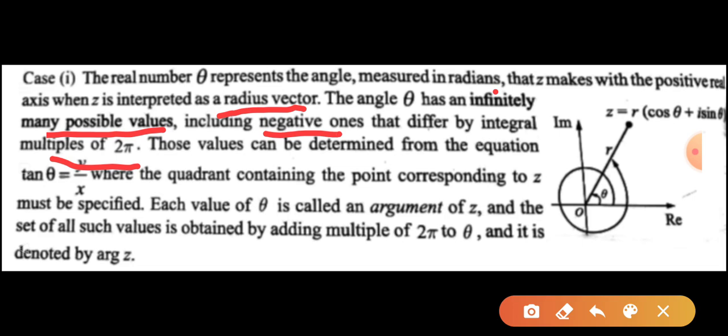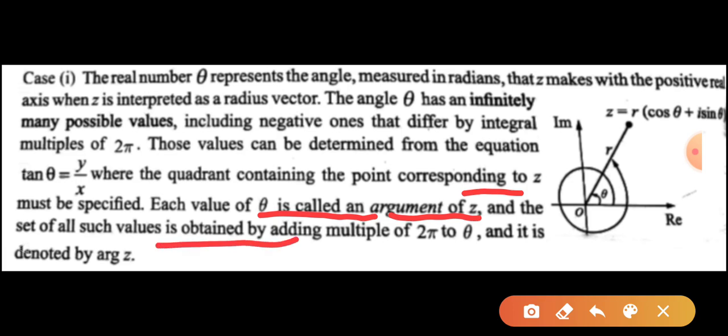Those values can be determined from the equation tan theta equal to y by x, where the quadrant containing the point corresponding to z must be specified. Each value of theta is called an argument of z, and the set of all such values is obtained by adding multiples of 2 pi to theta, denoted by arg z.